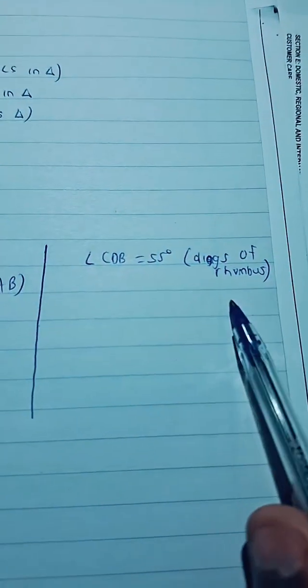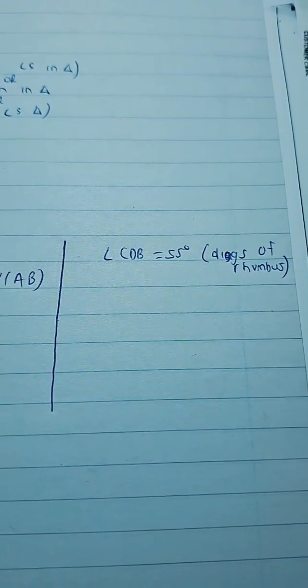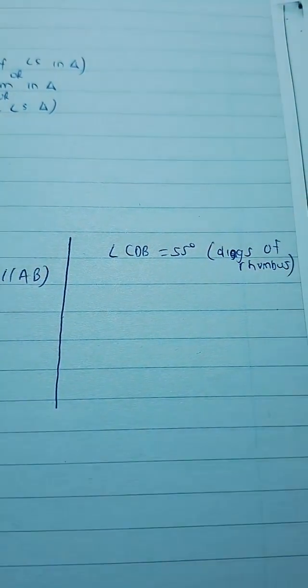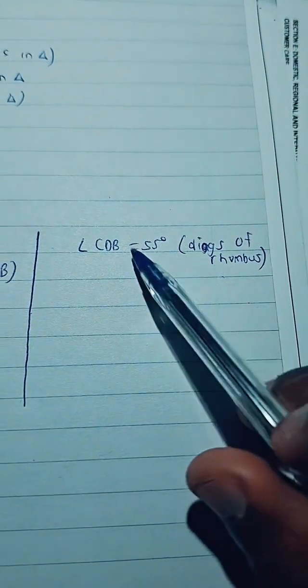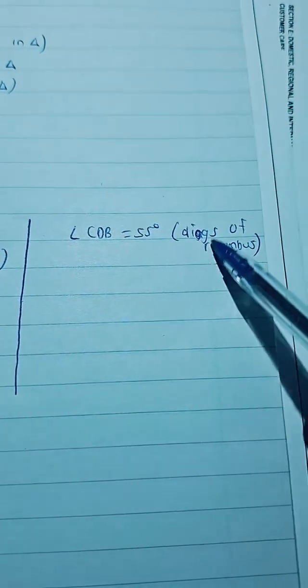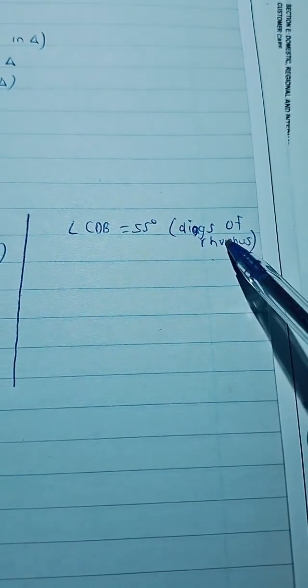Now, I know some of us would say diagonals of a rhombus bisect the corner angles. We'd write the whole thing. But in the acceptable reason document, if you write diags of rhombus, you're fine. Okay? Whoever is marking you will understand why you are saying diags of a rhombus.